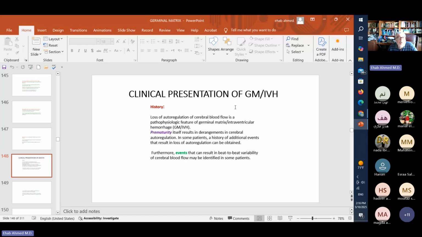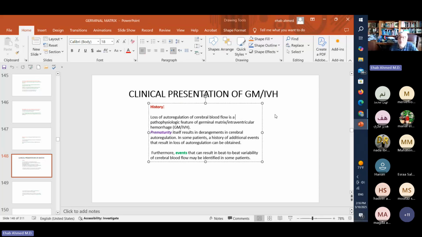That's why we should screen those preterm babies, because the baby could have no symptoms but have IVH. And in your unit, you should have a screening schedule, guidelines based on the gestational age, on how frequently you should monitor or screen your preterm babies for GM-IVH.